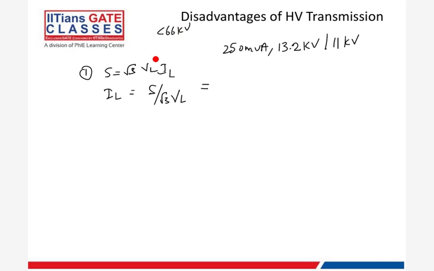What will the current be? It will be 250 into 10 power 6 divided by root 3 into 13.2 into 10 power 3.